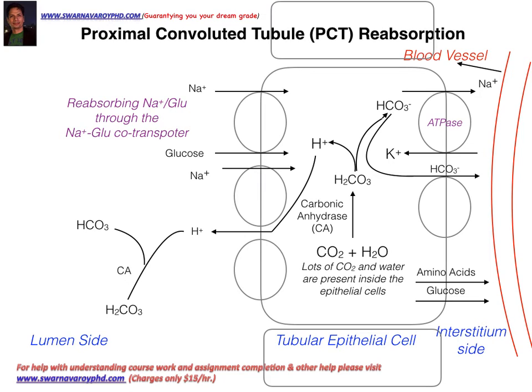Again, this going out of the hydrogen ion into the lumen happens in exchange for a sodium ion that's being absorbed. So this is the purpose: the hydrogen is kicked out and sodium, which is important, is taken in. And this pump is called the sodium hydrogen pump.